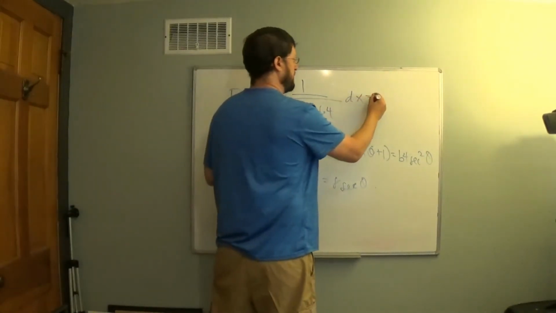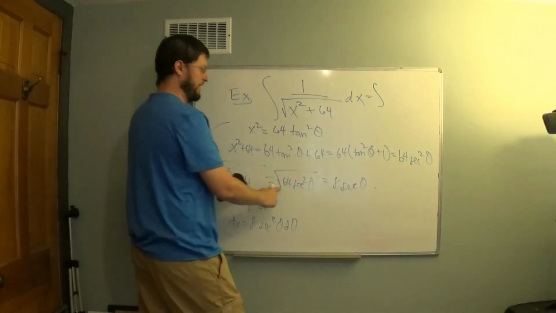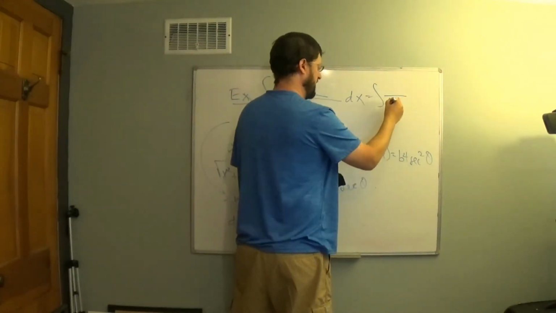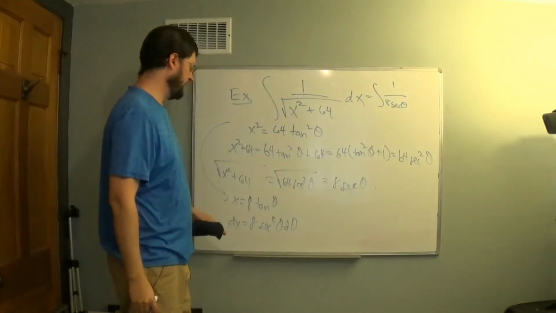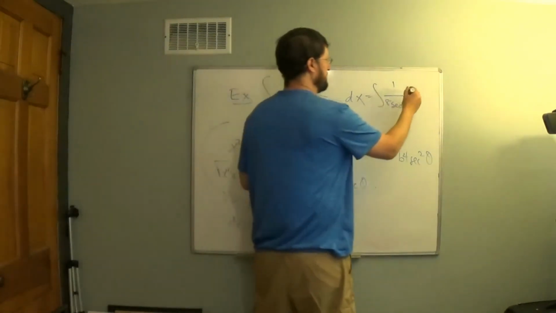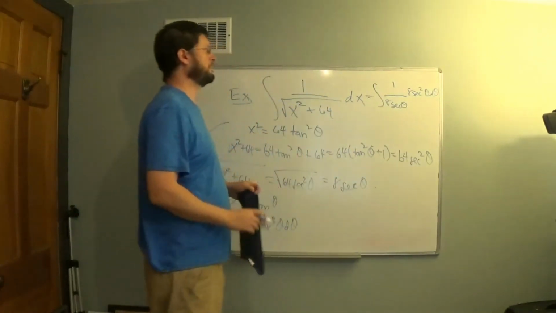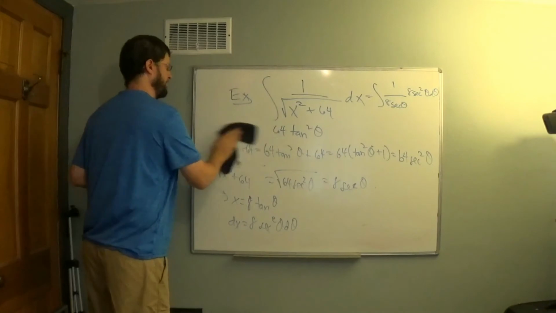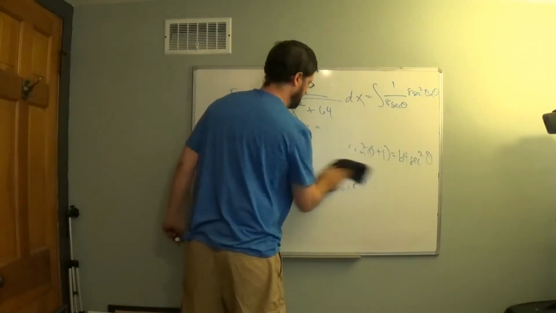We make our substitutions. The denominator is what we've just figured out, 8 secant theta. The numerator is still 1. Dx is 8 secant squared theta. The 8's cancel.